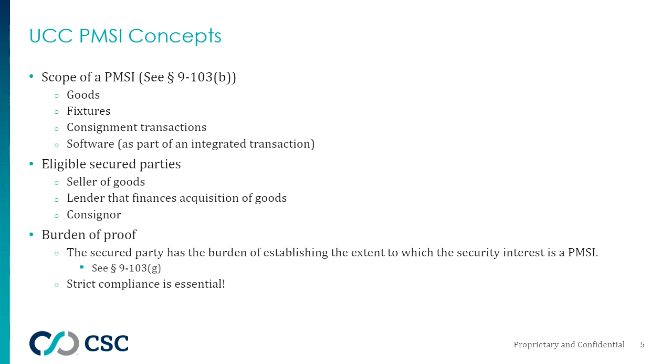And anytime you have an exception to the general rule, generally the courts are going to require strict compliance with the requirements. And in requiring strict compliance, Article 9 places the burden solely on the secured party to prove that they have satisfied each and every element necessary to get that purchase money security interest. In fact, the secured party can do everything right, but if they can't prove it, they lose because they have the burden of proof.